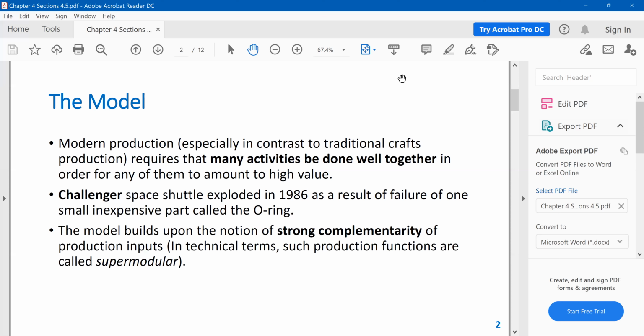Okay, so if we change the production functions in our growth models to be supermodular, or in simpler terms, if we take production inputs to be strongly complementary, then that will have some consequences.